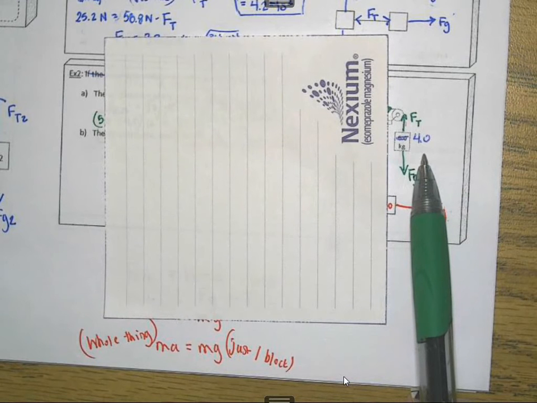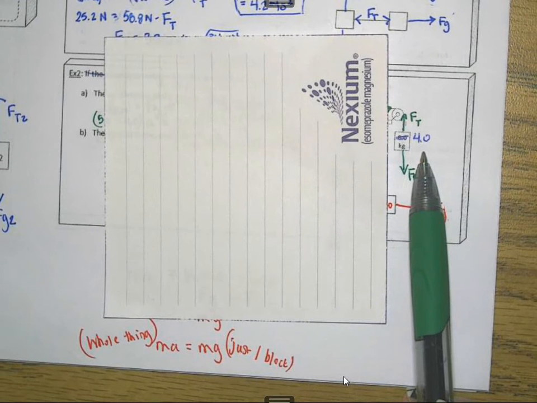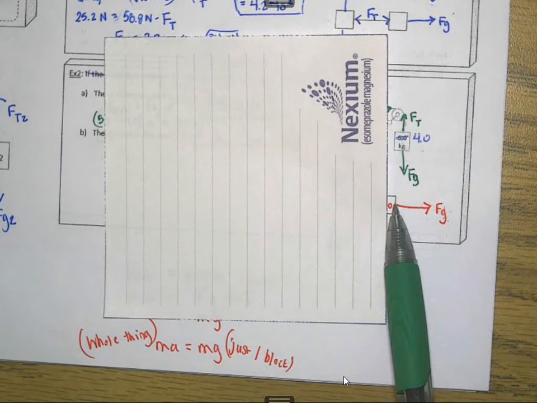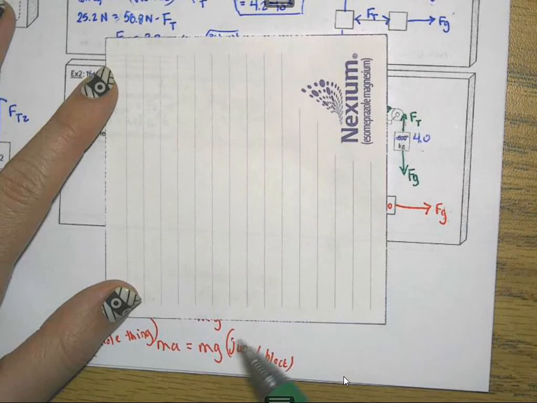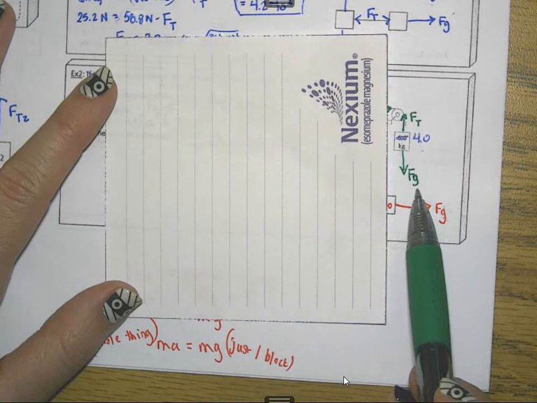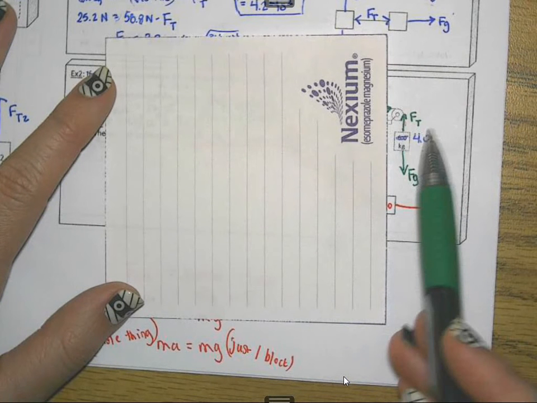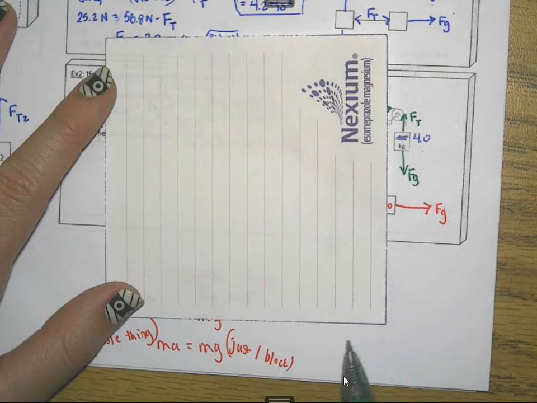There has to be. Yes, because it's accelerating, right? And if it's accelerating, then my tension and my Fg aren't equal to one another. So in this case, who's the winner? Is it moving down towards Fg or up towards Ft? Fg. So that means Fg has to be my winner.